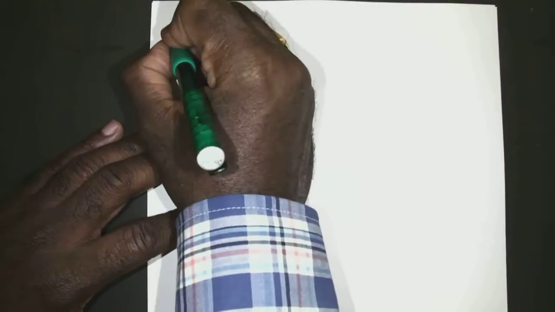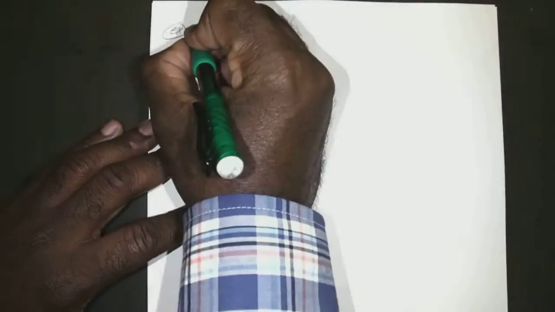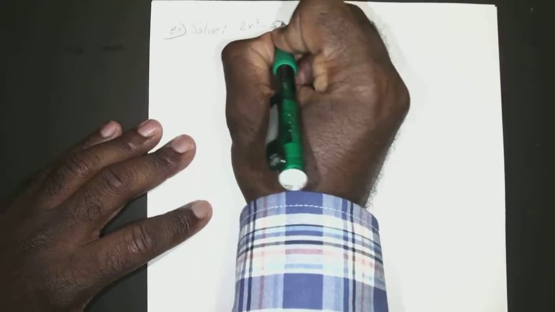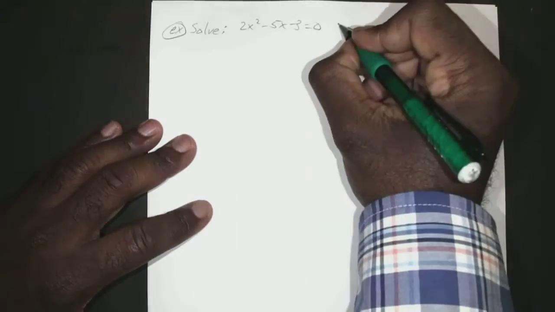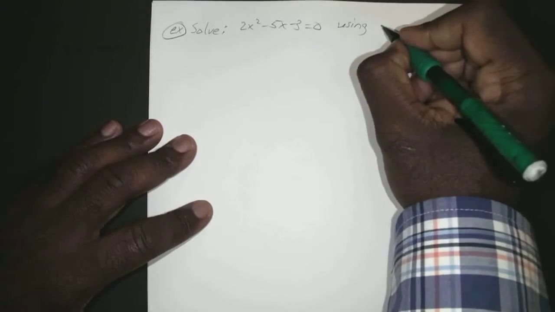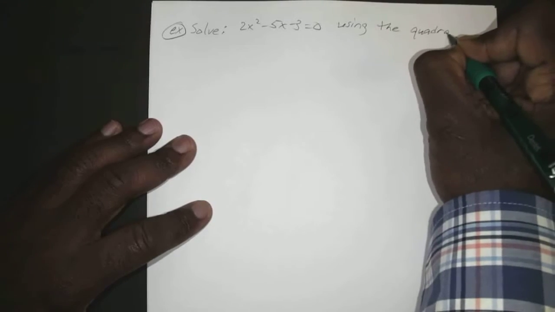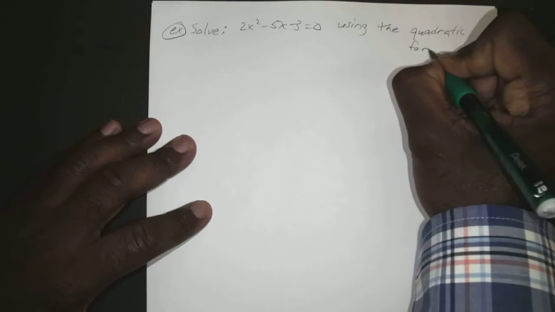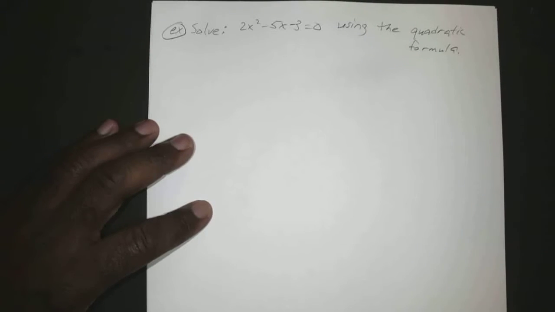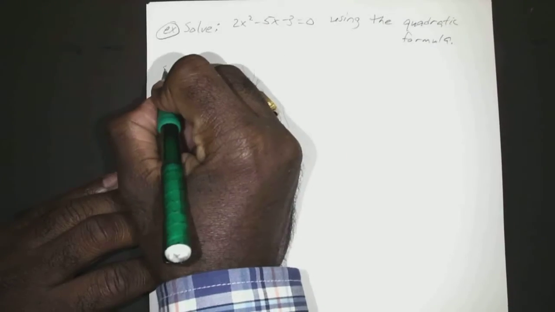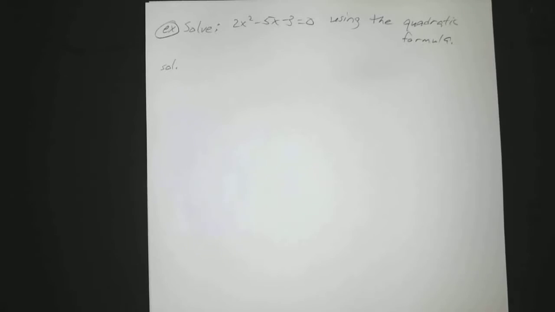All right, so let's say, for example, we wanted to solve 2x squared minus 5x minus 3 equals 0 using the quadratic formula. And the hardest part about the quadratic formula is remembering the quadratic formula.